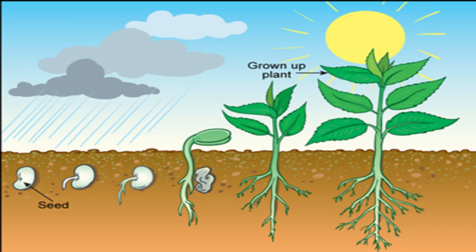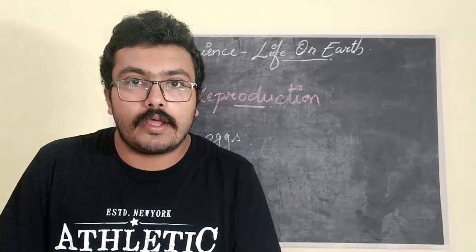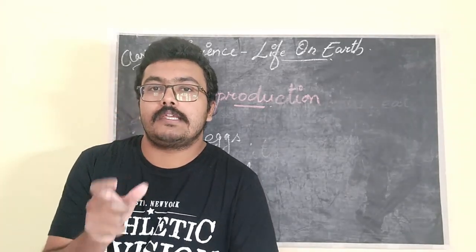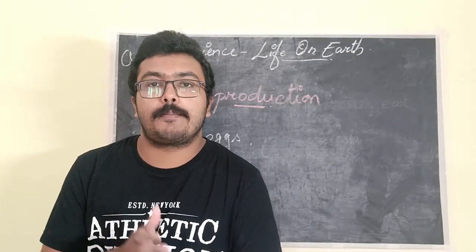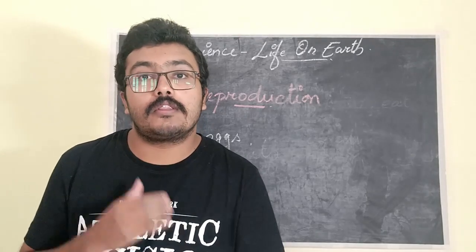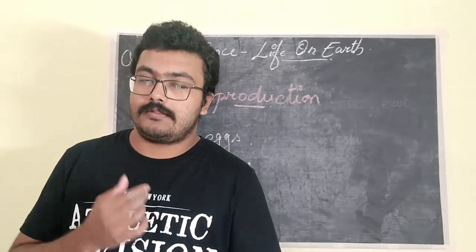The roots grow deep into the ground, providing good support and good nutrition for the plant, so that it grows into the last picture which you can see, a proper plant. Alright, so that's how a seed becomes a plant. This is what happens in the reproduction of plants.